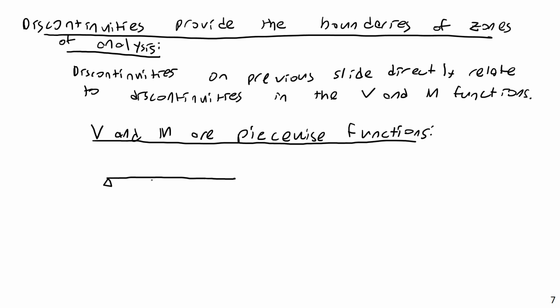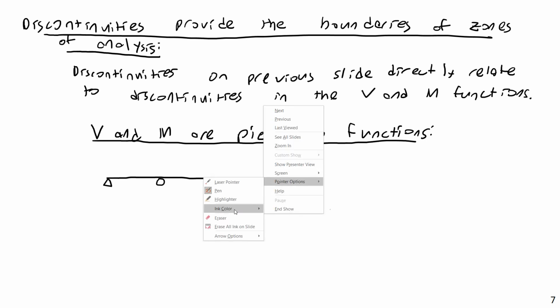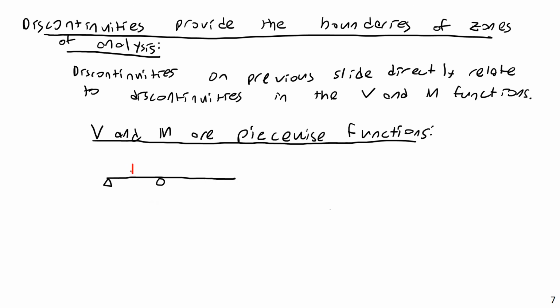Maybe I'll draw something out and give some dimensions. I'll make it interesting and have that pin and roller, but not simply supported. Maybe I'll have a point load here, and then a distributed load from here to here.